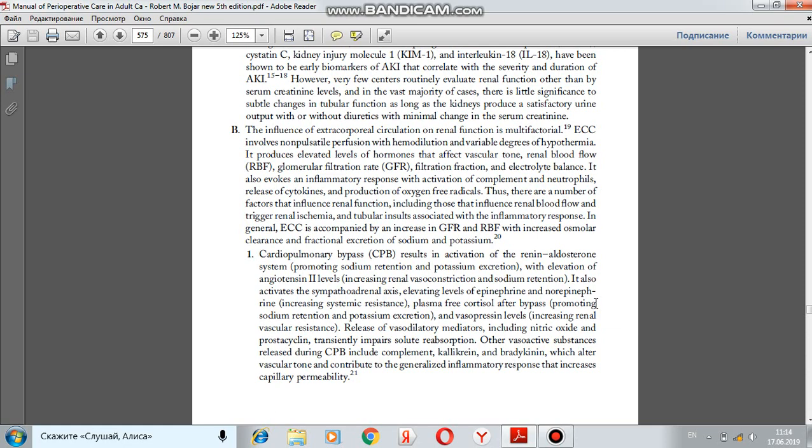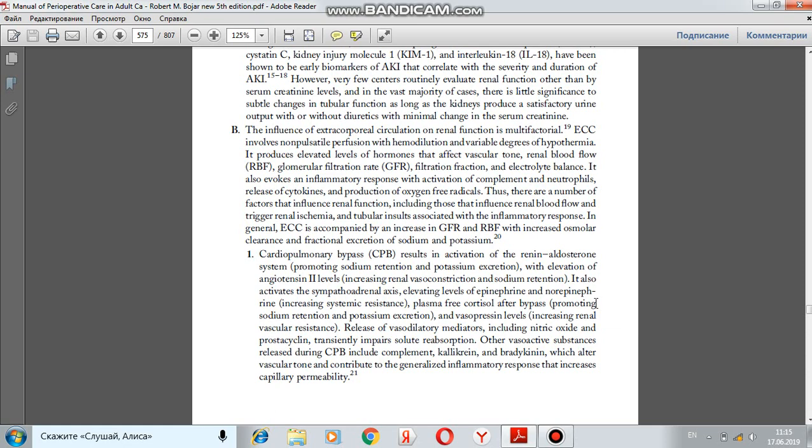It also activates the sympathoadrenal axis, elevating levels of epinephrine and norepinephrine, increasing systemic resistance, plasma-free cortisol after bypass, promoting sodium retention and potassium excretion, and vasopressin levels, increasing renal vascular resistance.